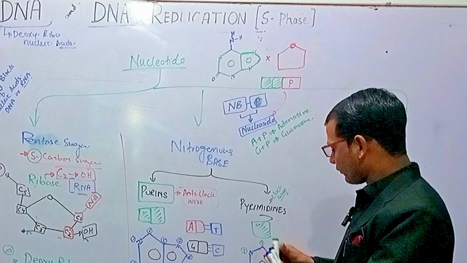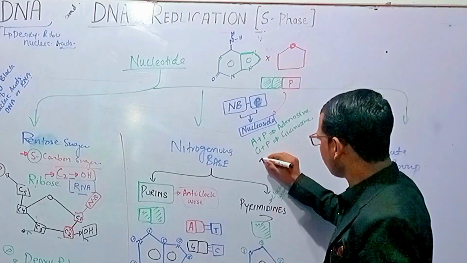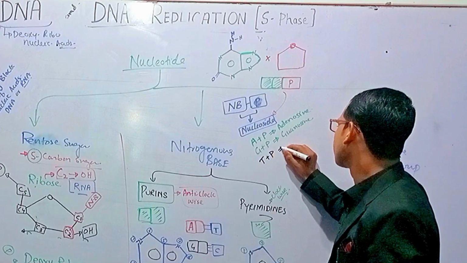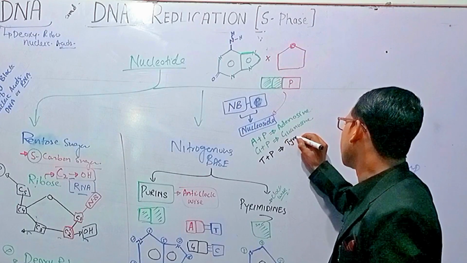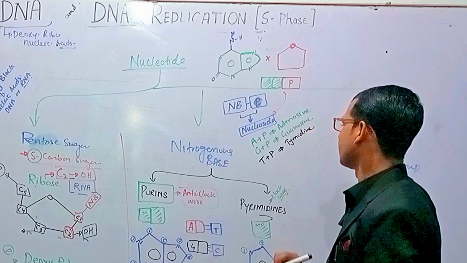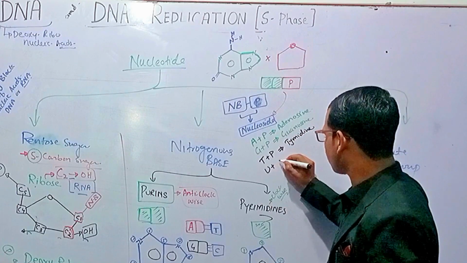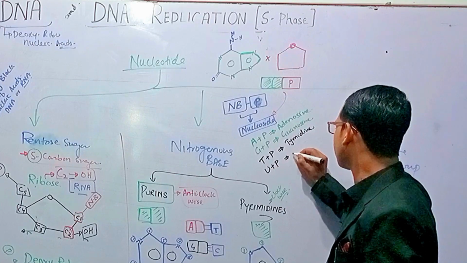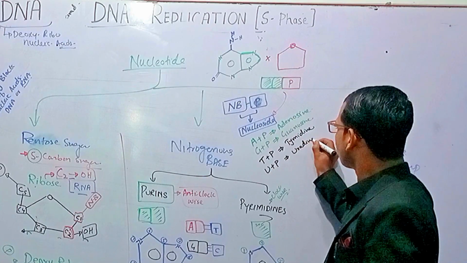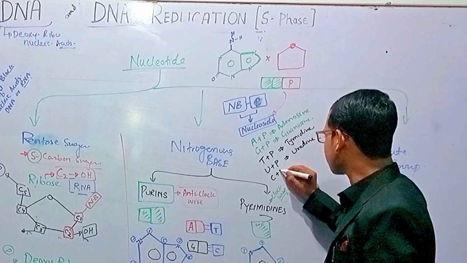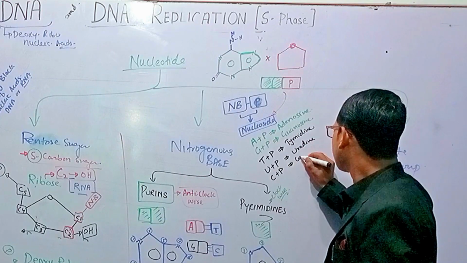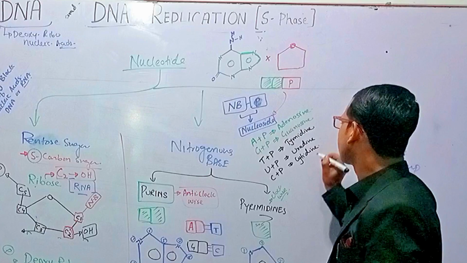Thymine and pentose sugar form thymidine. Uracil plus pentose sugar forms uridine. Cytosine plus pentose sugar forms cytidine, right?